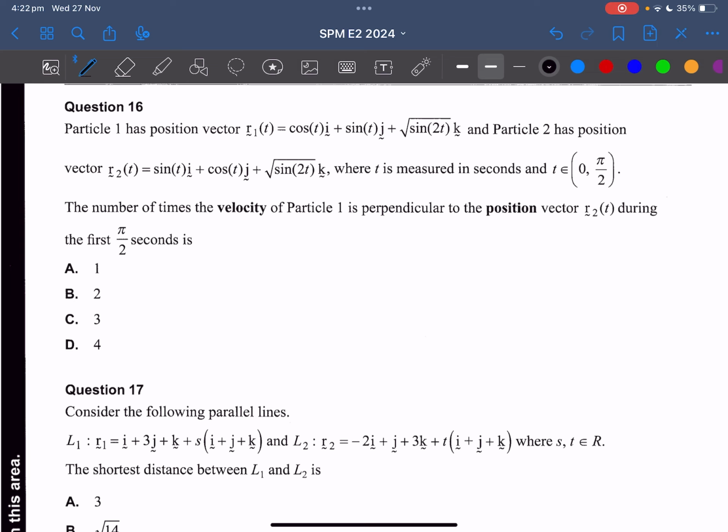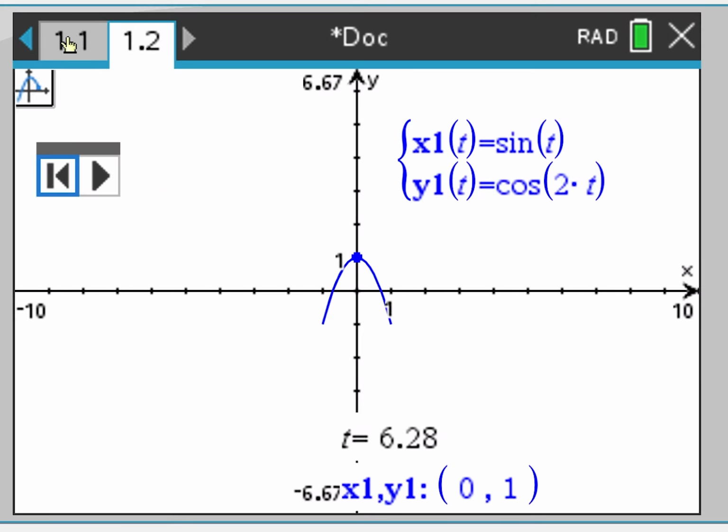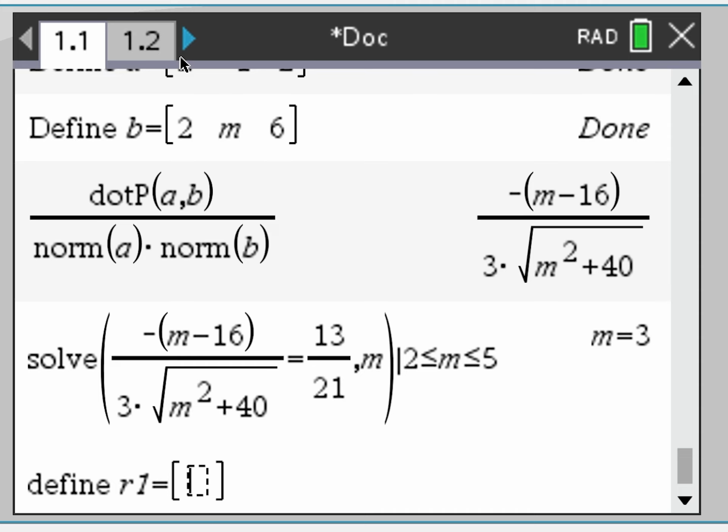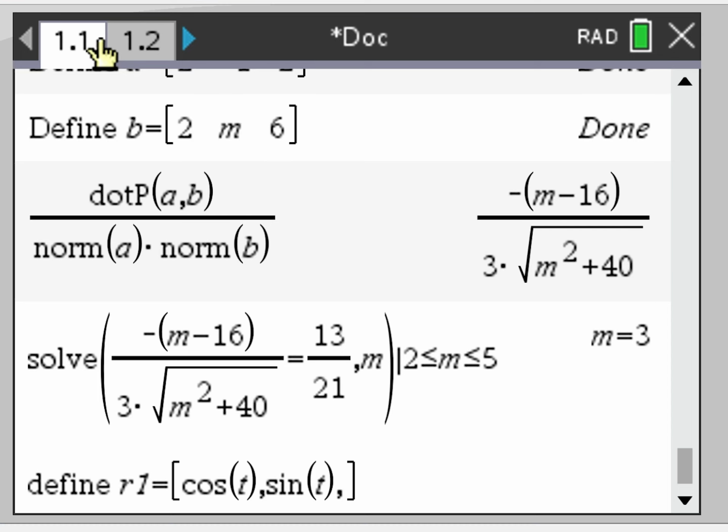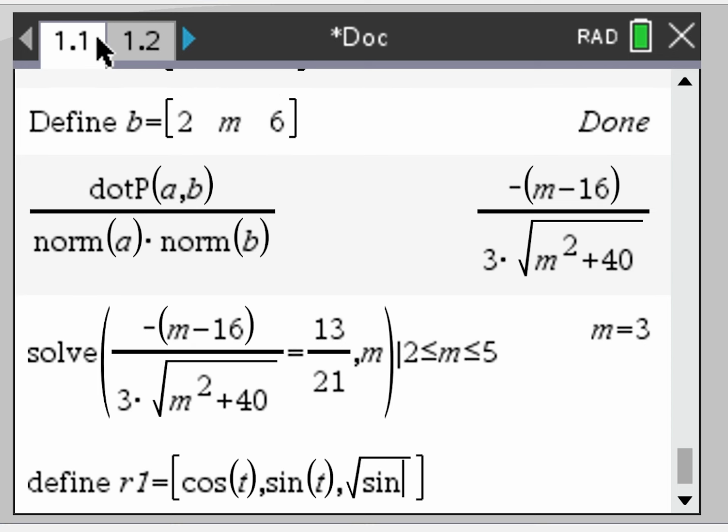Okay, so in that case, let's define the vectors. So I go here and define r1 equals cosine of t, sine of t, and square root of sine 2 times t.